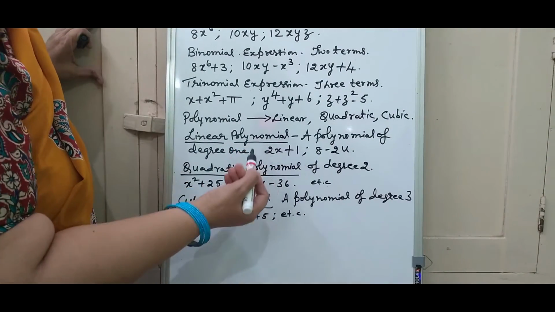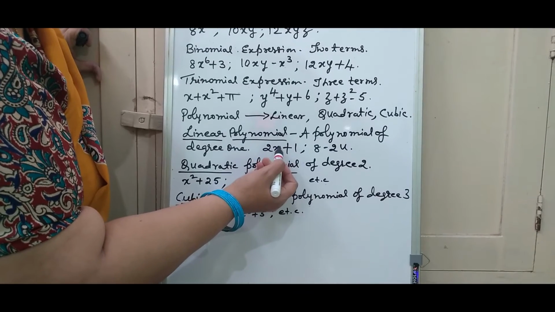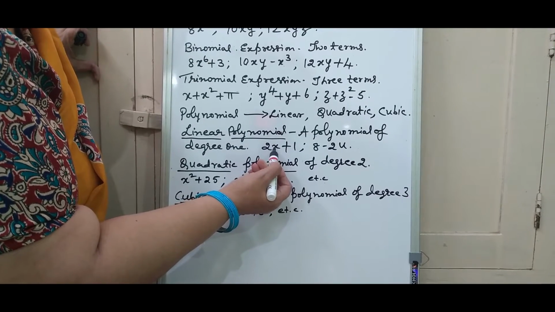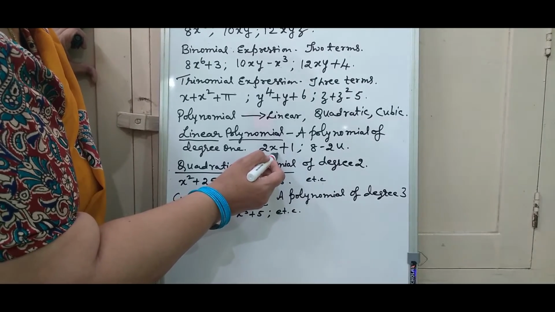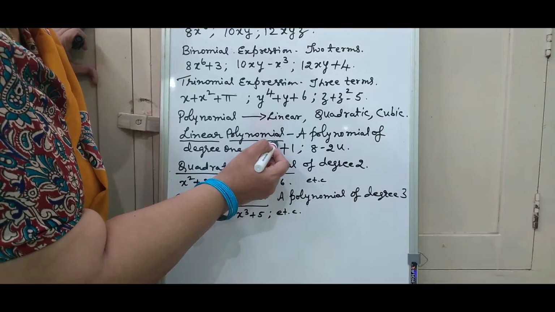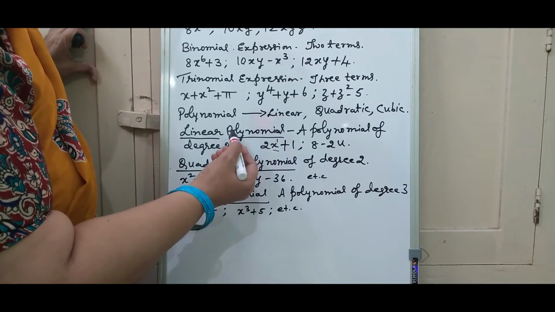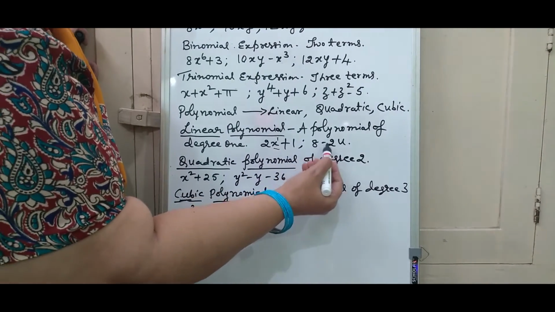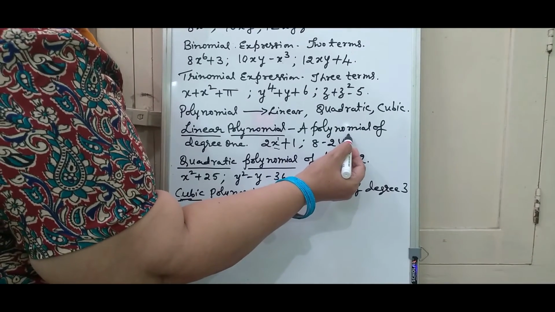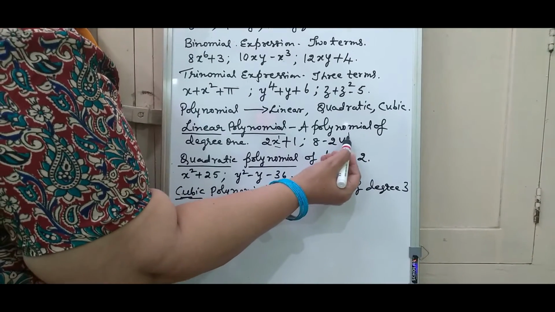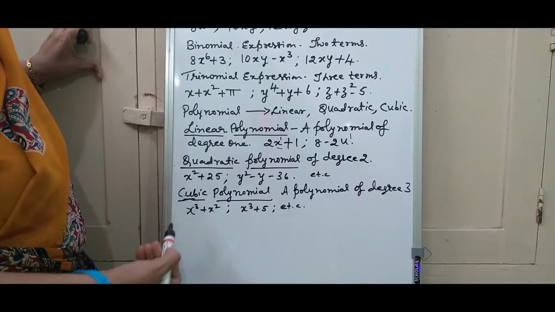In 2x plus 1, the degree of the expression means we consider the power number of the x, and please observe that the power of x here is 1. So this is a polynomial of degree 1. And again here, 8 minus 2u, in this example also the degree will be 1 because the power of u is 1. So we consider like this.